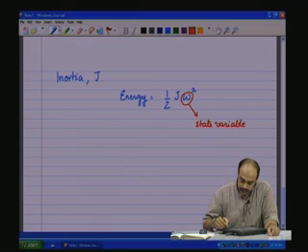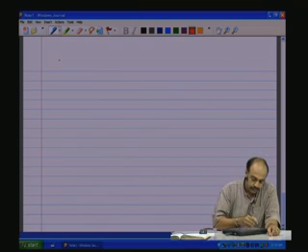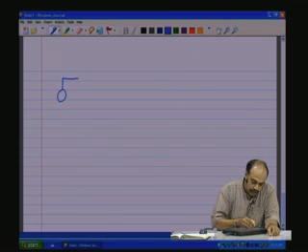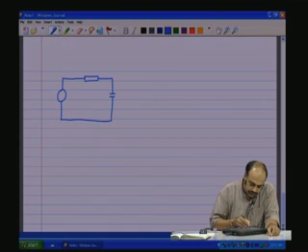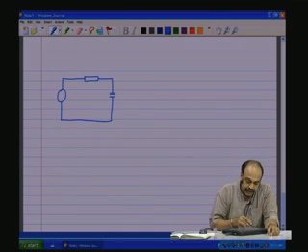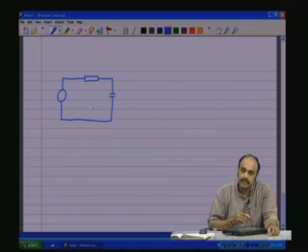So, now coming to the circuit, consider the circuit that we wrote quite some time ago, that we have a source, we have a resistance and a capacitance. All these are connected in series, all these share the same current, and they are all in a loop, and therefore this is a voltage junction.